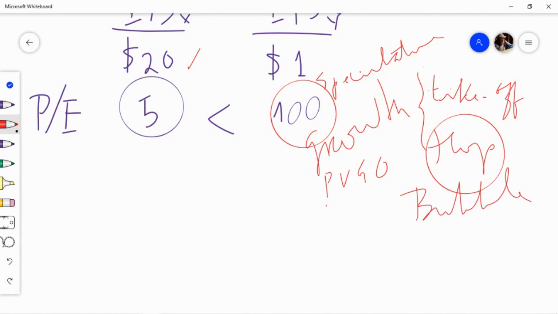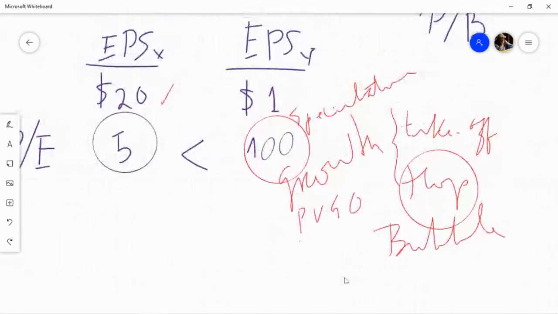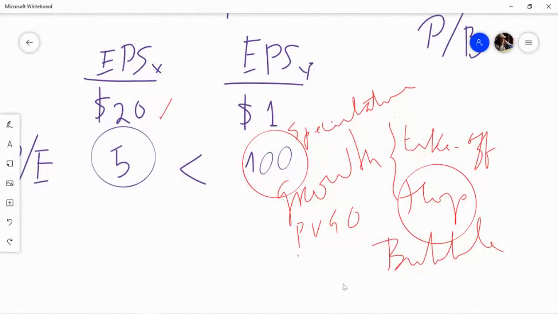So in other words, they all justified it mathematically, but the conclusion is, if it takes off, right?